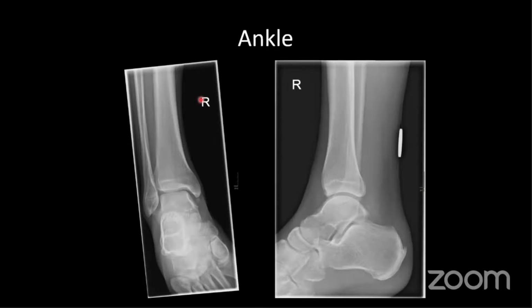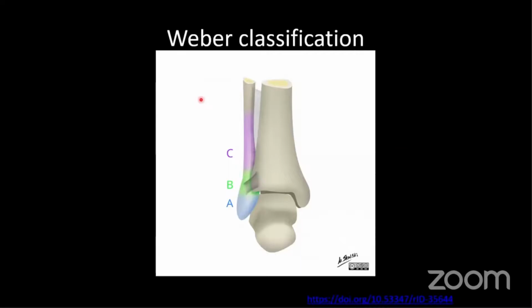So talking about some of the fractures, I presume you have all heard of something called the Weber classification. The Weber classification is something you'll have to use to describe fractures of the lateral malleolus. This is important because the classification affects how they're managed.